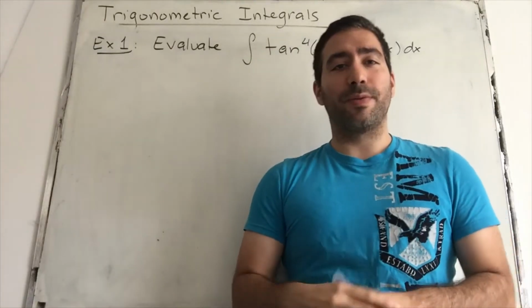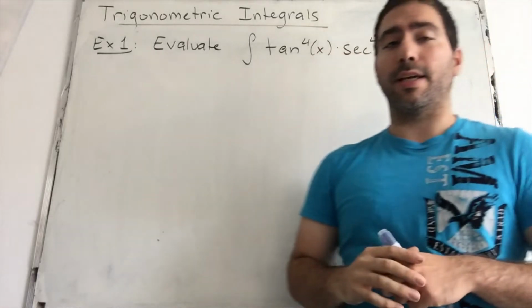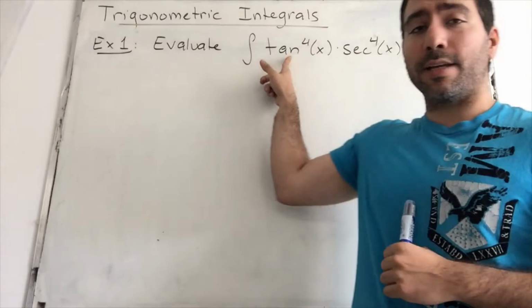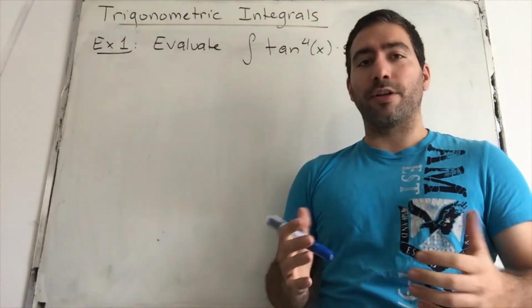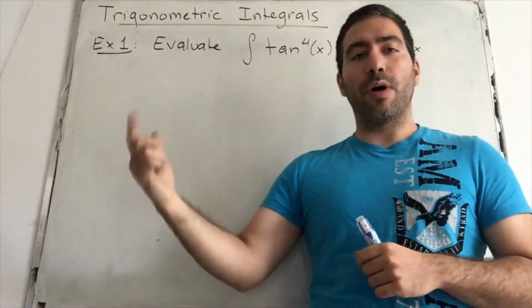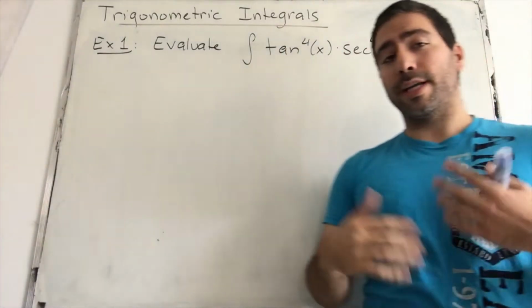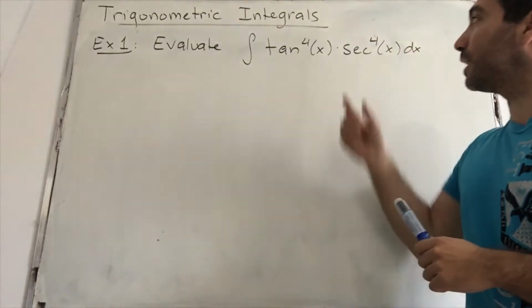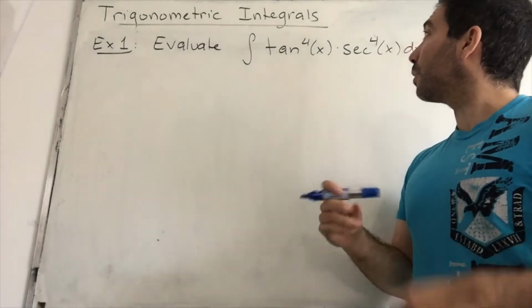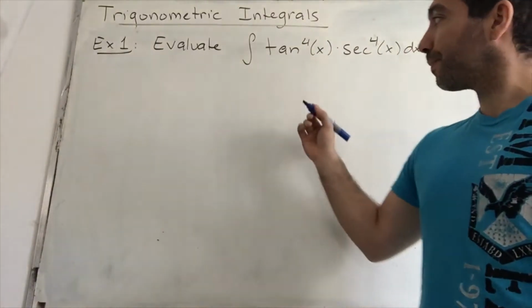In our first example, we have to evaluate the integral of tan to the 4 of x times secant to the 4 of x dx. Let's apply our strategy. Notice the exponent of tan is even, which is not a good thing. We have a rule for when tan is odd, but we do have a rule for when secant is even. The exponent of secant is 4, it's even, so we save a secant squared and apply the u substitution, u equals tan of x.